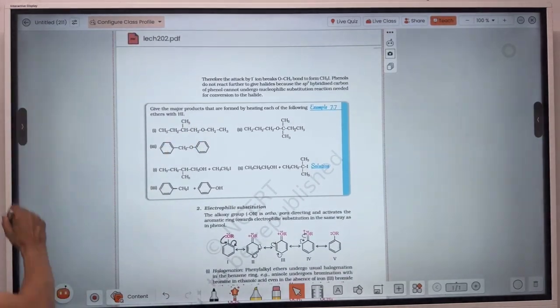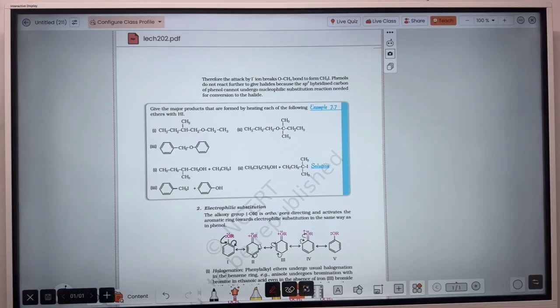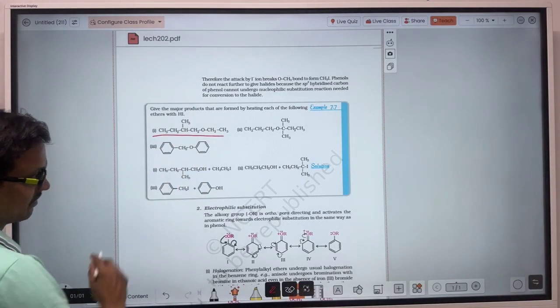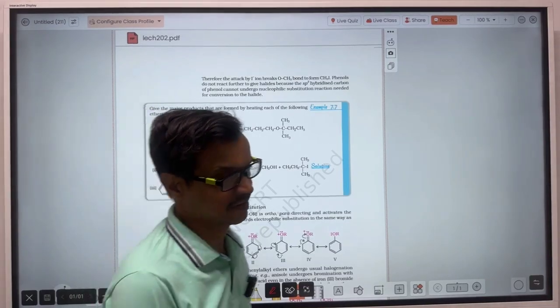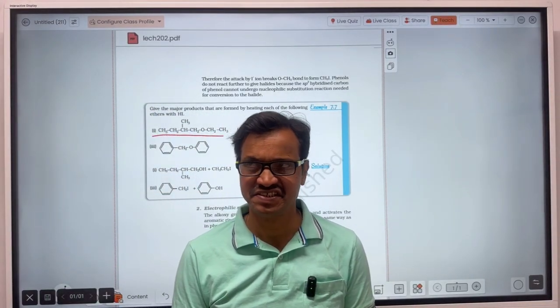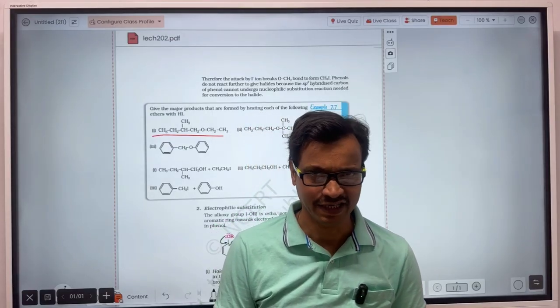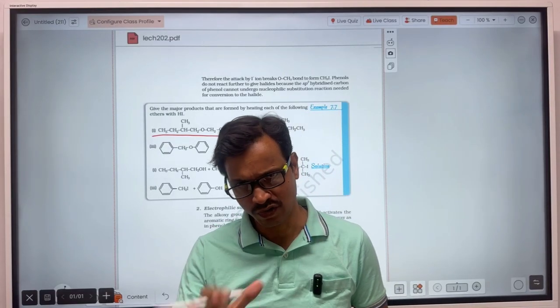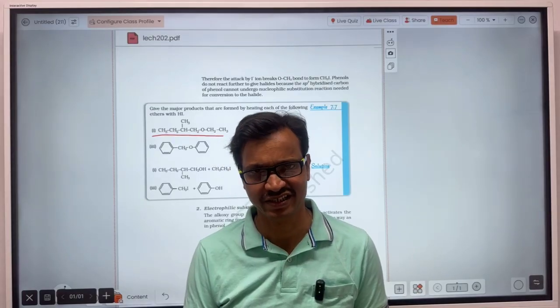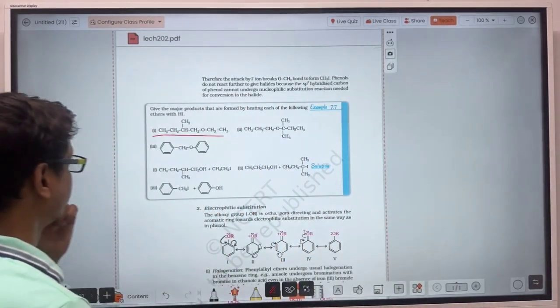Watch out for these reactions here. What is that? In the ether in which there are alkyl groups of different length, the alcohol will form of the longer carbon chain and the haloalkane will form of the smaller carbon chain.